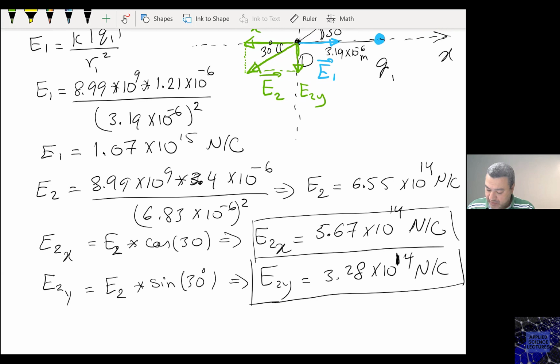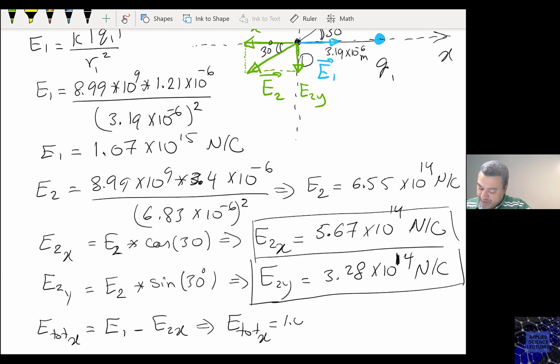Then E total X is E1 minus E2X. E total X equals E1, which is 1.07 times 10 to the power 15, minus 5.67 times 10 to the power 14.